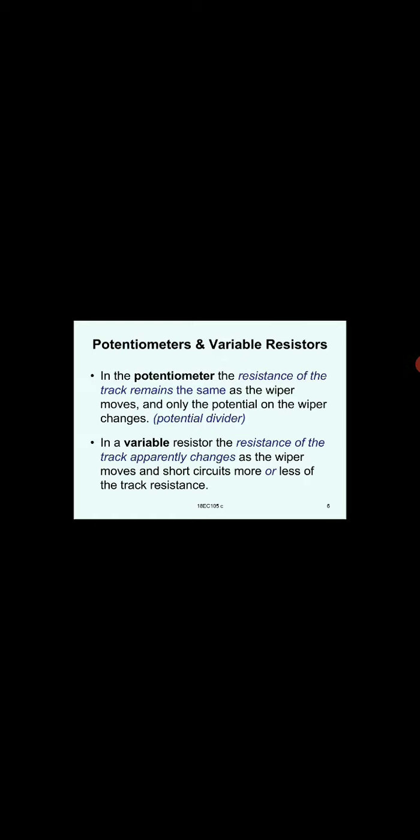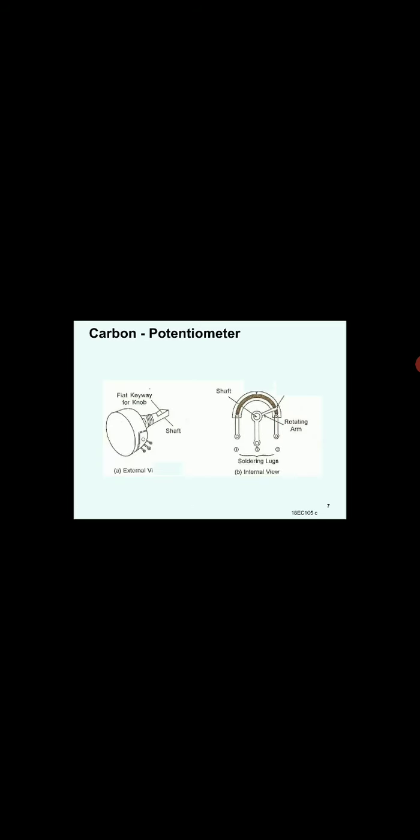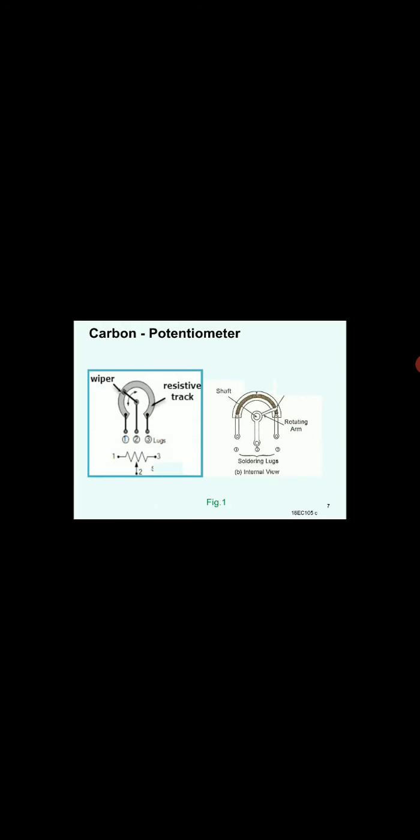Now let us see the construction of the carbon type of potentiometer. Here you can see that there is a circular carbon track, as you can see in the figure.